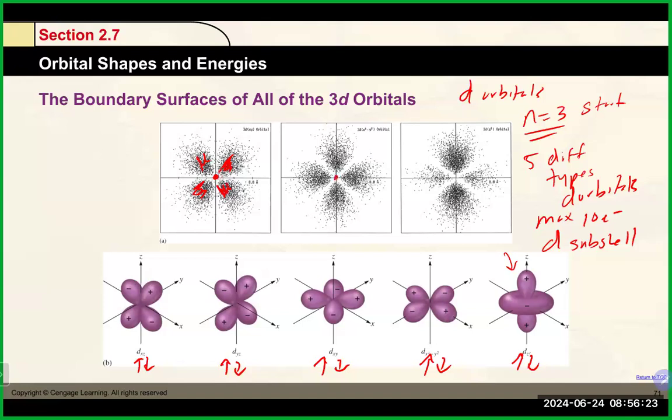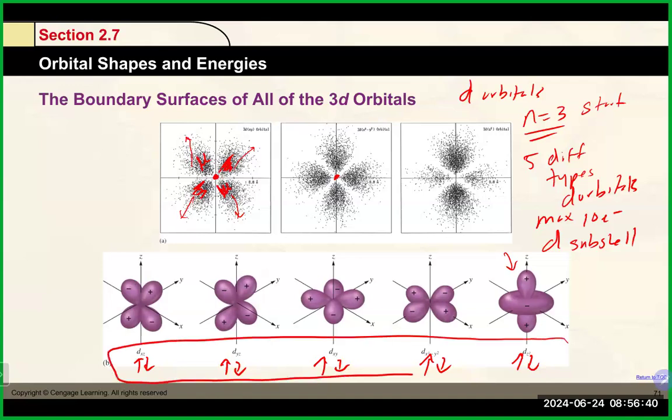Again, as you fan out, you see less and less probability of finding electrons from that nucleus in each of these cases. Now, once again, all 5 of these together are going to be our d subshell, which holds up to 10 electrons.